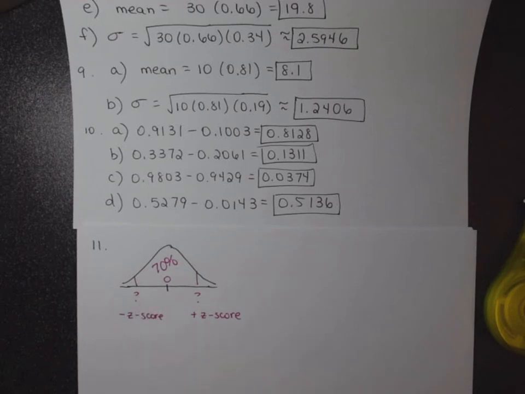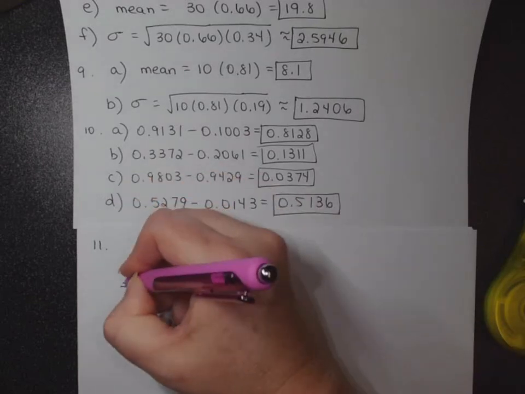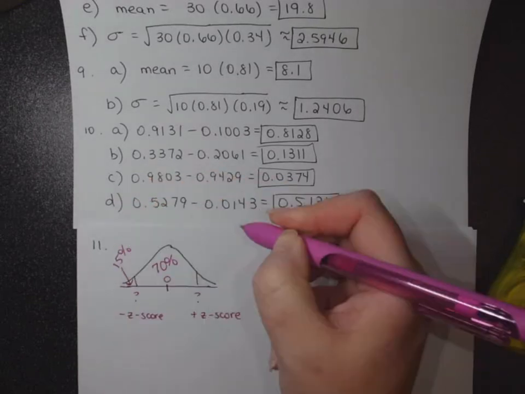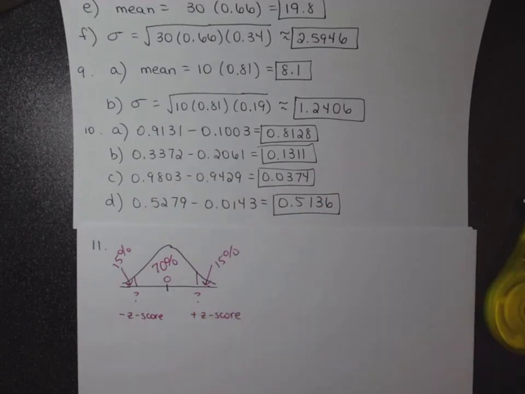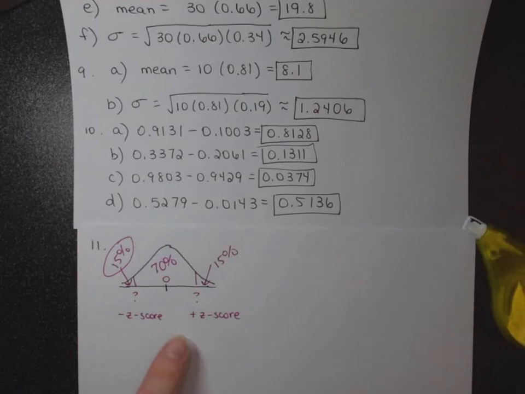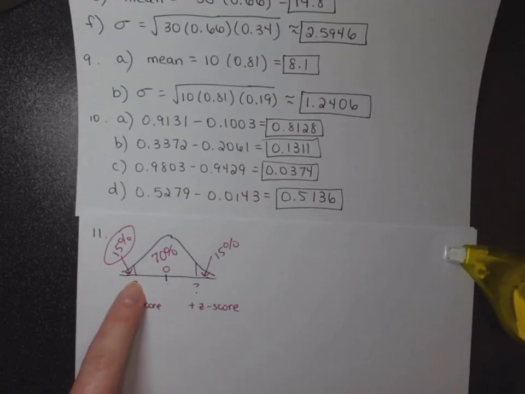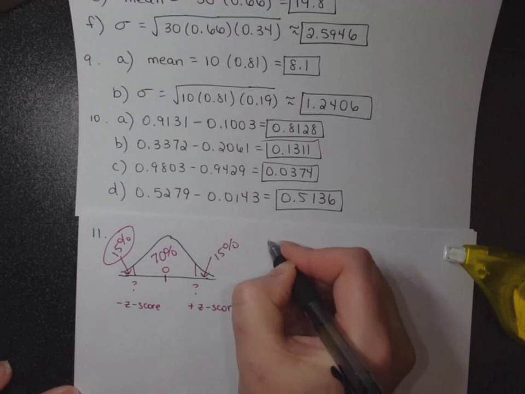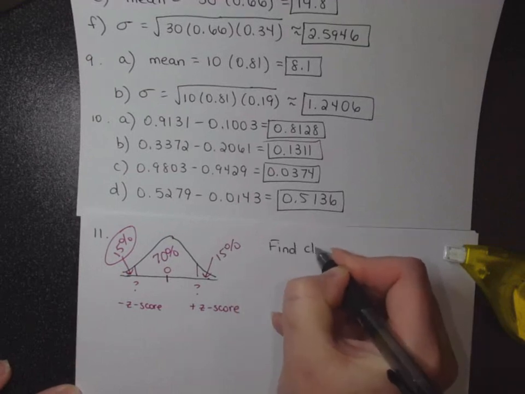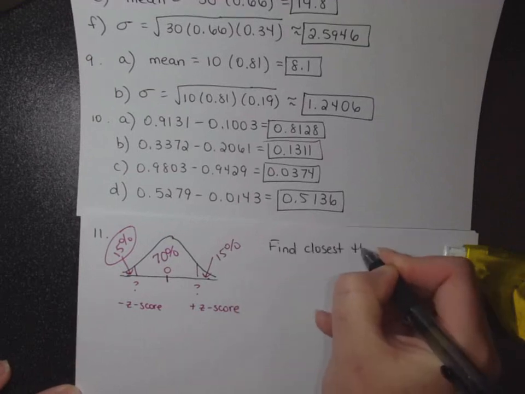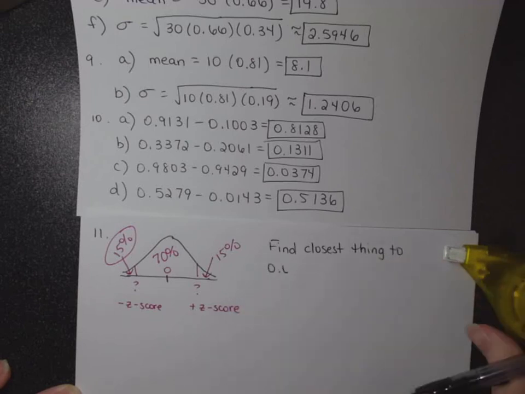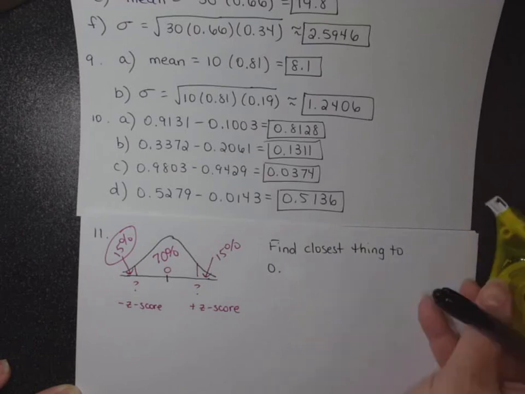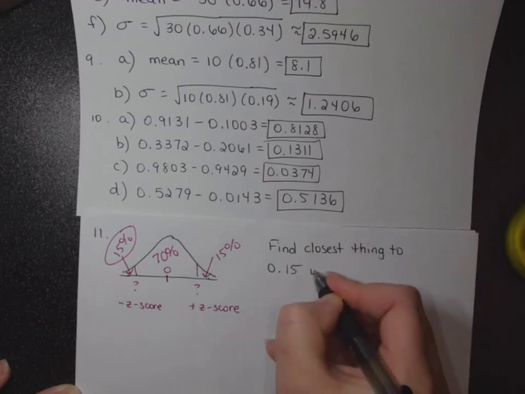Okay, so if 70% is taken care of in the middle, then each of these sides is 15%. And actually, this is the number you need to read, because the chart, remember, always reads less than. So now you want to find the closest thing to 0.15 on your chart.